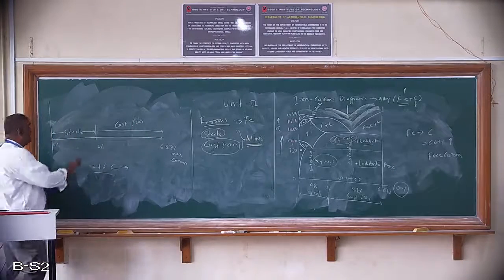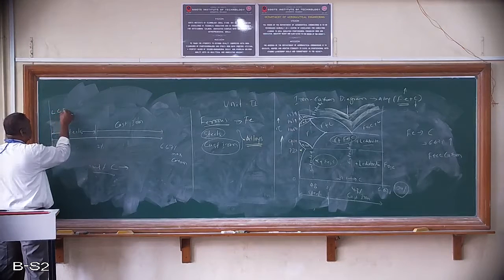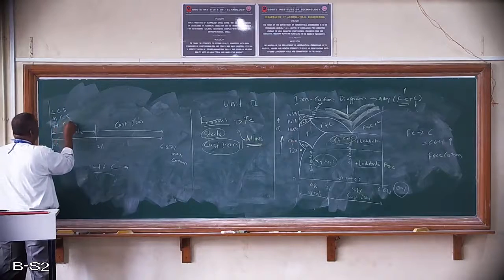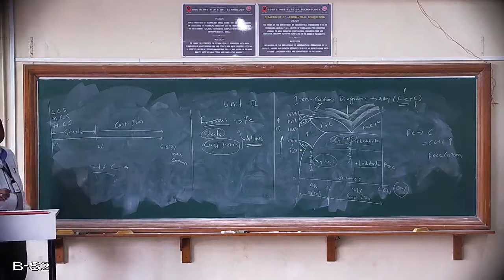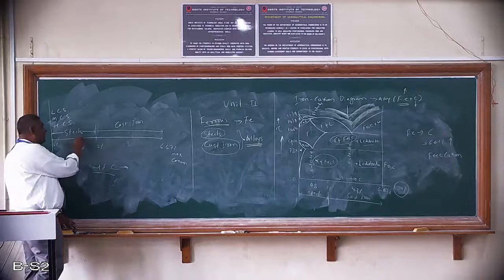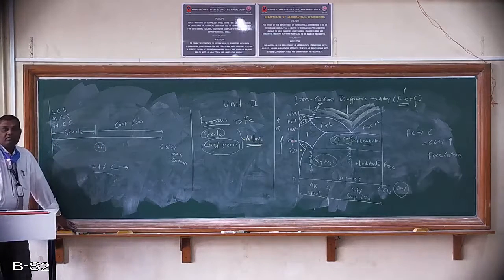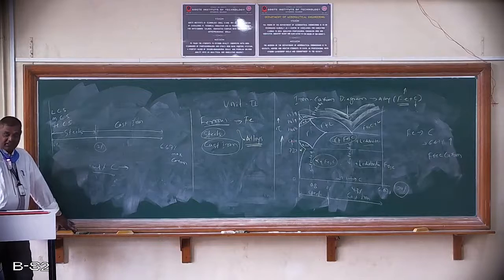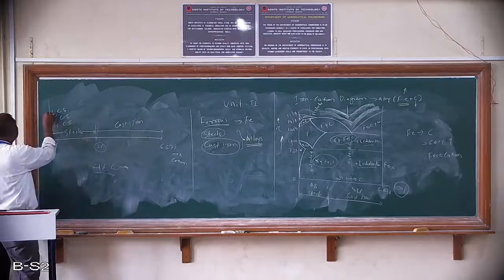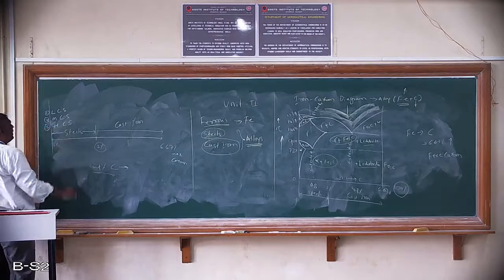Okay, so steels are further classified into low carbon steel, medium carbon steel and high carbon steel. So the maximum solubility of carbon in steel is 2%, and this 2% of the steels is further classified into three categories, that is low carbon steel, medium carbon steel and high carbon steel.